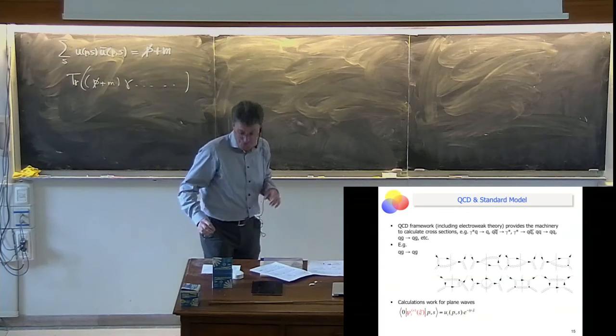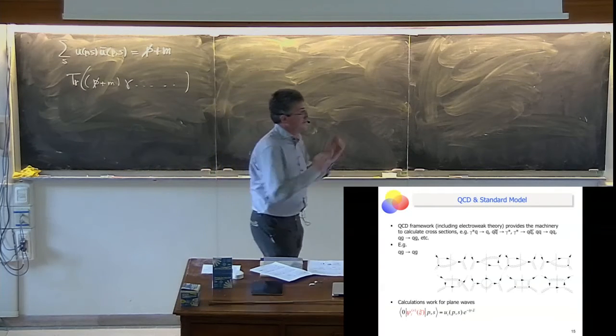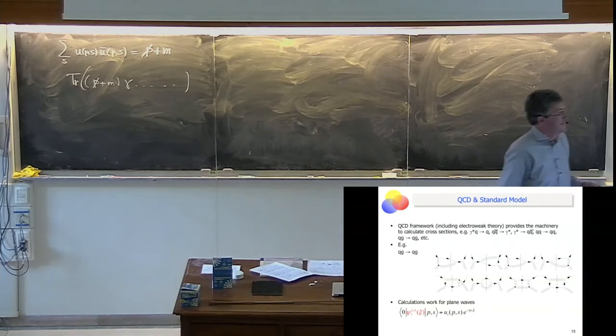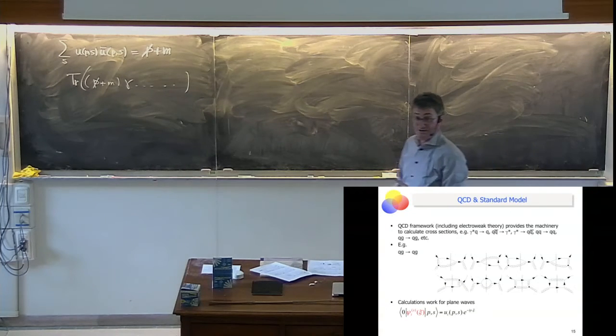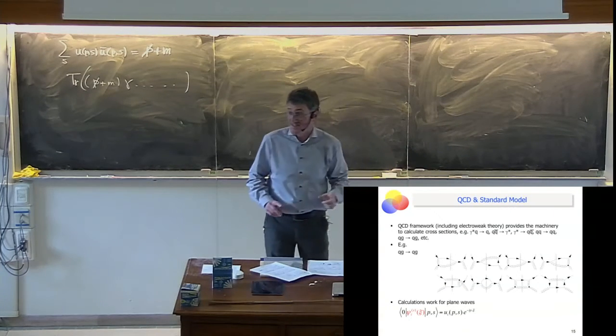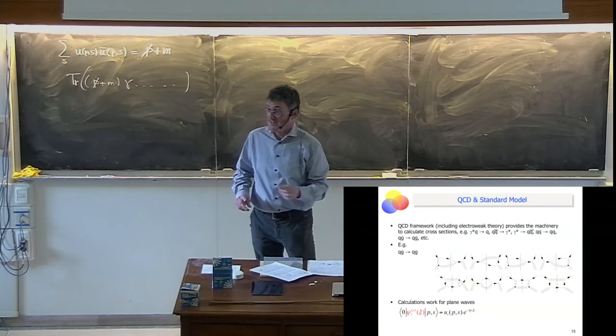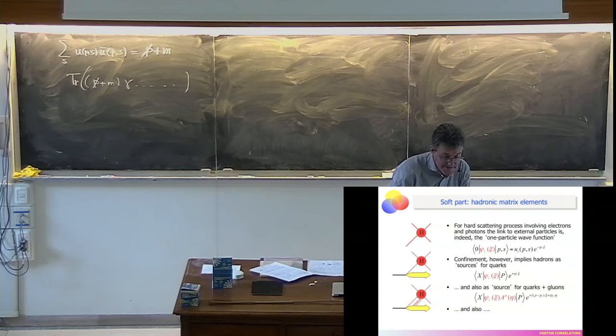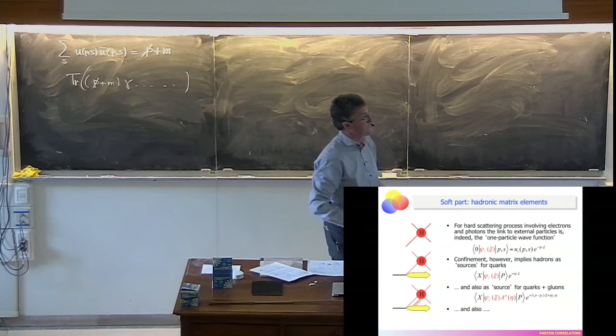But then you need plane waves, and this p would be a gluon or a quark, and these things are hidden in nucleons, so something must be happening here.